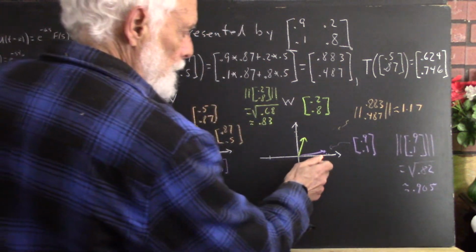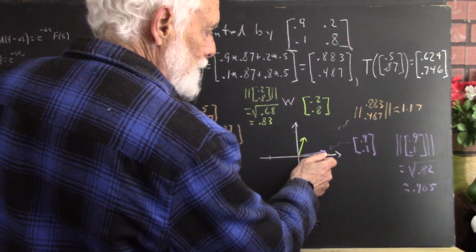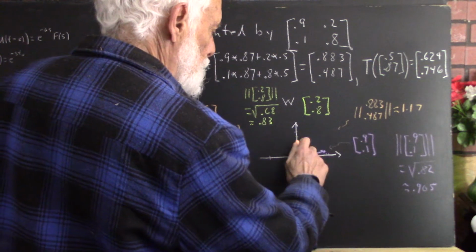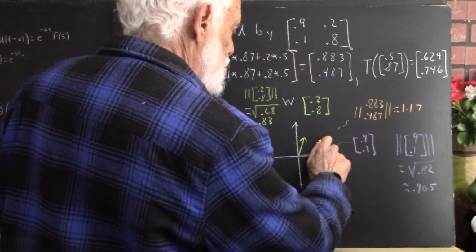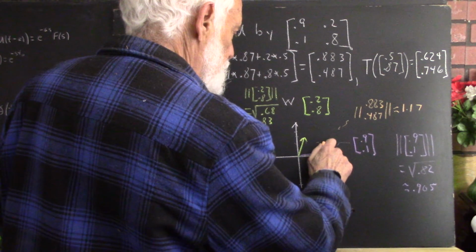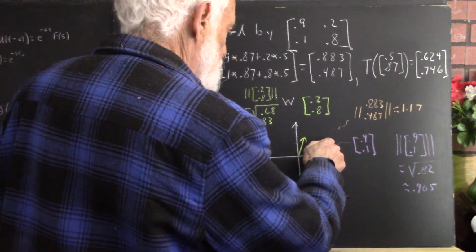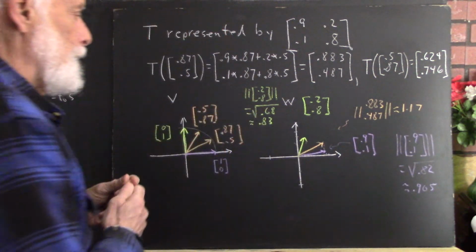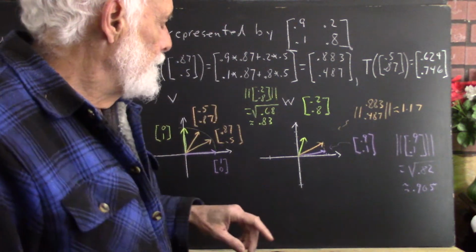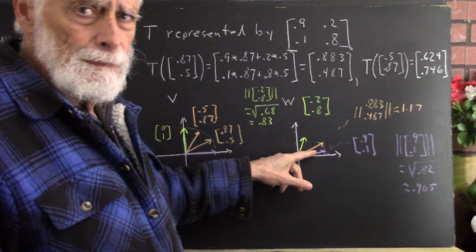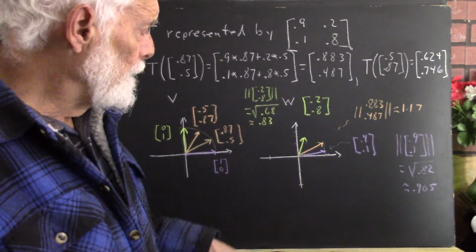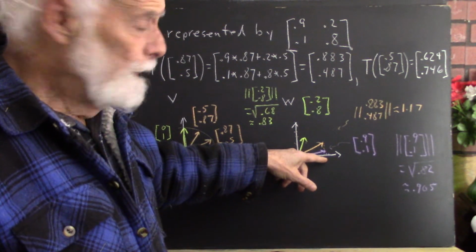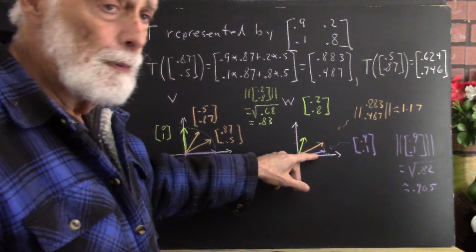Now, 0.883 is very close to 0.9, and 0.487 is up here pretty close to 1/2. And if we project out here very lightly, you might not even be able to see these projection lines, but it looks like we're going to get a vector somewhere about here. If you just sketch that yourself, you see that the x component of this vector is almost as big as the x component of the purple vector.